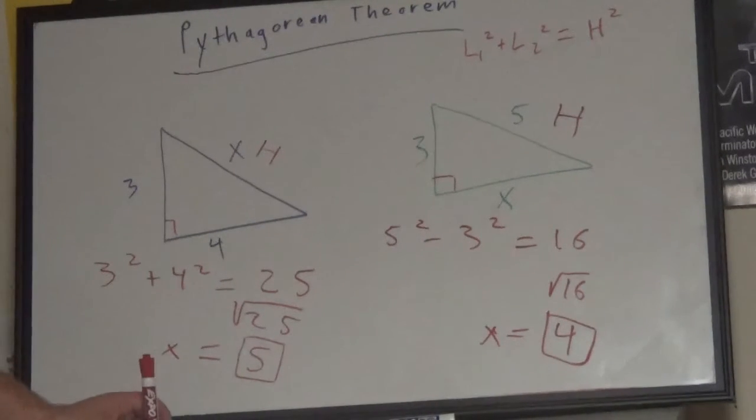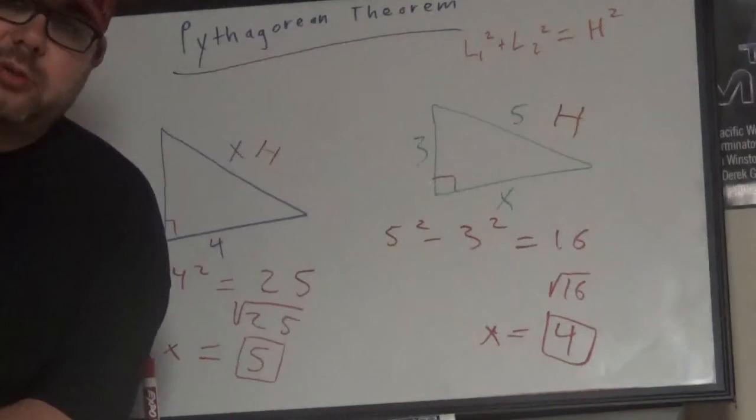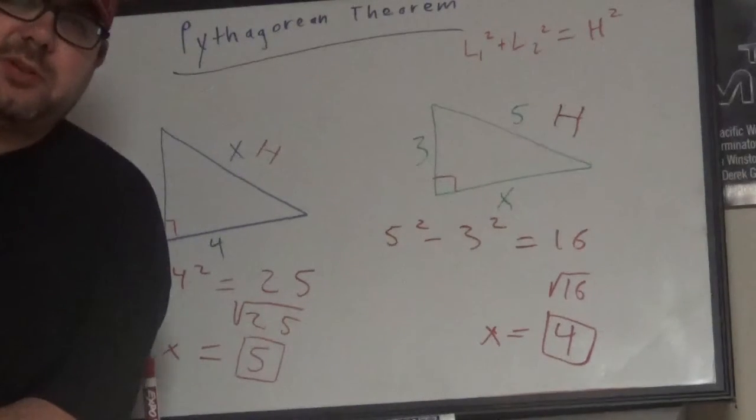So that's the Pythagorean theorem. The next video for geometry that I'll make will be about using the Pythagorean theorem to find out whether something is obtuse or acute. It's a little bit more complicated than this, but it's the same principle.